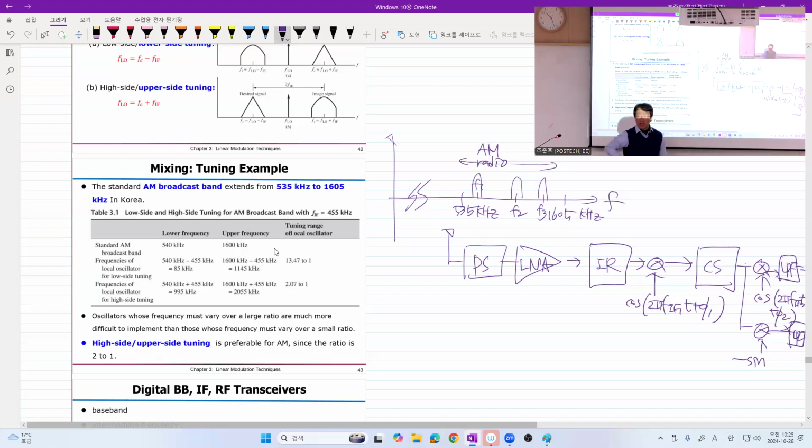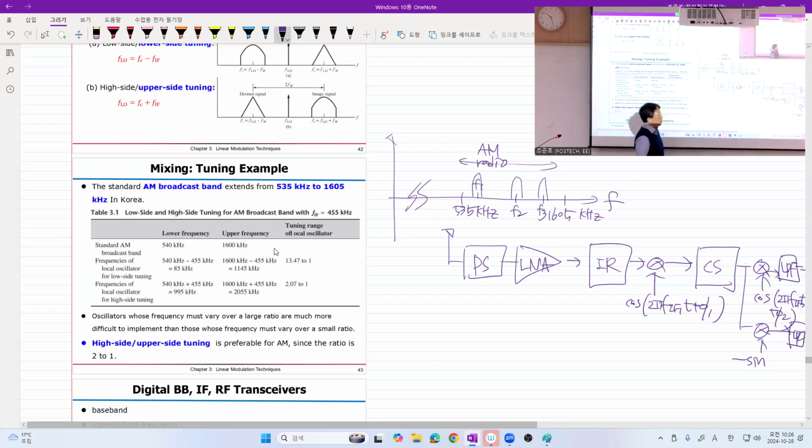Which one looks easier? Interestingly, the early radio communication engineers found that the first one is easy. So fix the channel selection filter with very high selectivity. In low frequency, it's easier to design such a filter. So fix the passband frequency of the channel selection filter, fix the IF2, but change FIF1 a little bit by tuning.